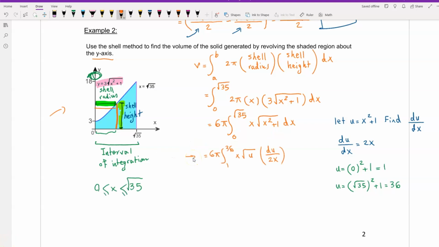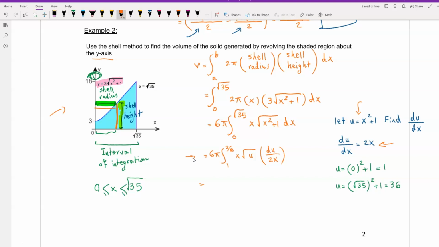So our volume is equal to 6 pi times the integral from 1 to 36 of x times, instead of the square root of x squared plus 1, I use u, so we have the square root of u, and then multiply by dx. Find dx: du divided by dx equals 2x, so dx is equal to du divided by 2x.